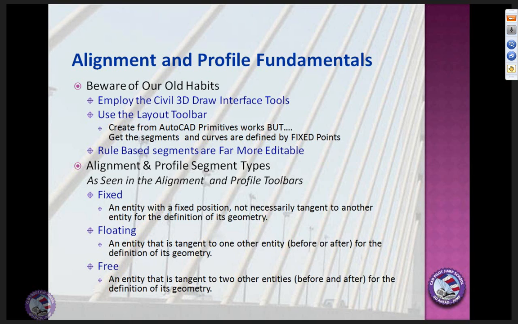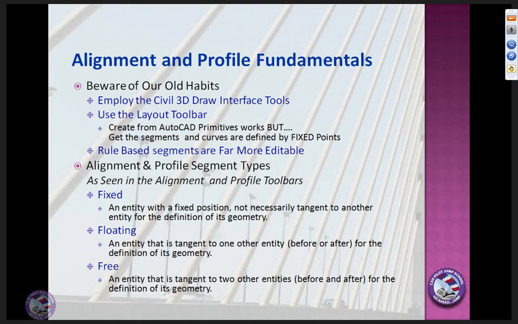Employing the layout toolbar and the idea of rule-based segments, instead of just drawing in AutoCAD, creates a much more editable thing. But 12 helps us significantly here because of that weird tangency constraint thing that we saw on a previous slide. And we'll show you what that means in the real world in just a second.